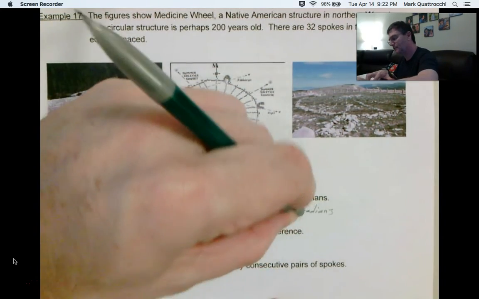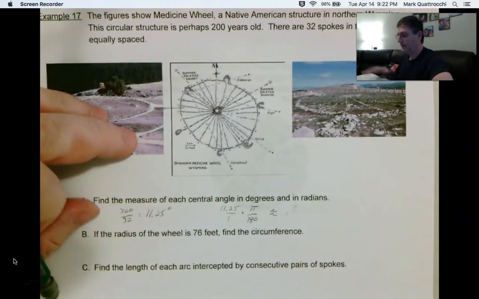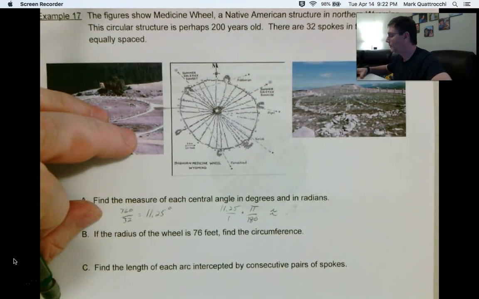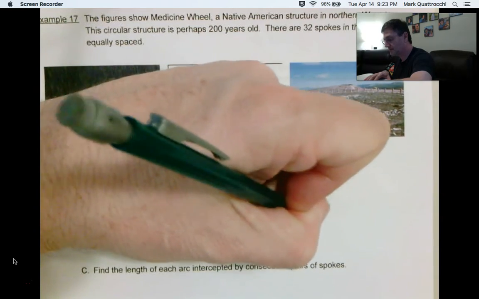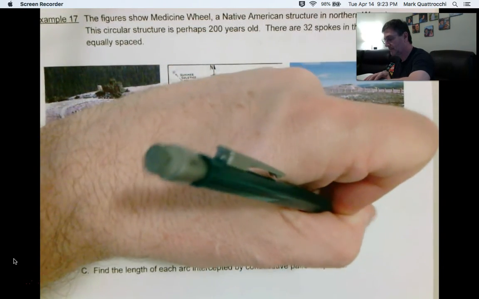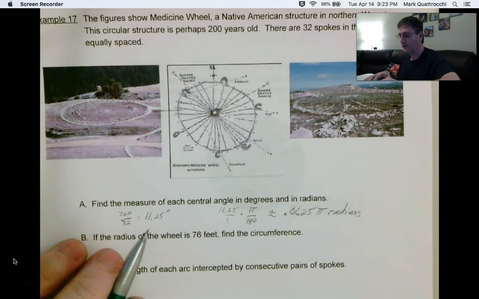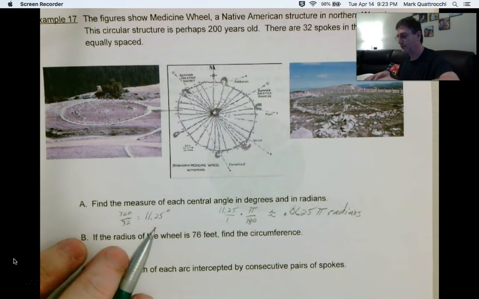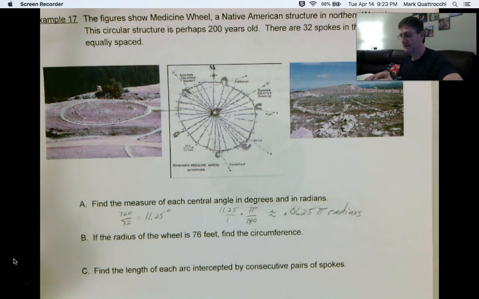Let's keep it in terms of pi. 11.25 divided by 180 is 0.0625 pi radians. So about 11.25 degrees, or 0.0625 times pi radians.